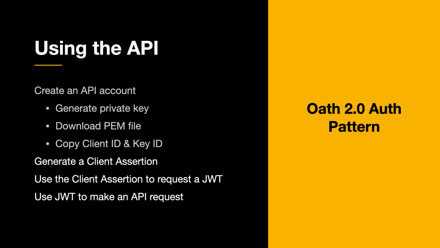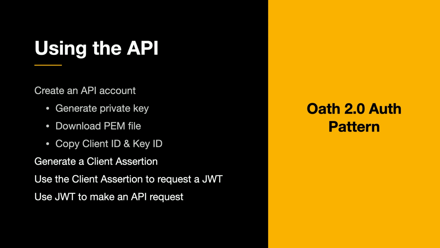To review what we've done, this OAuth 2 pattern: you generate the API account in Apple Business Manager. That generates the account with the client ID and the key ID. The private key gets downloaded in a PEM file.